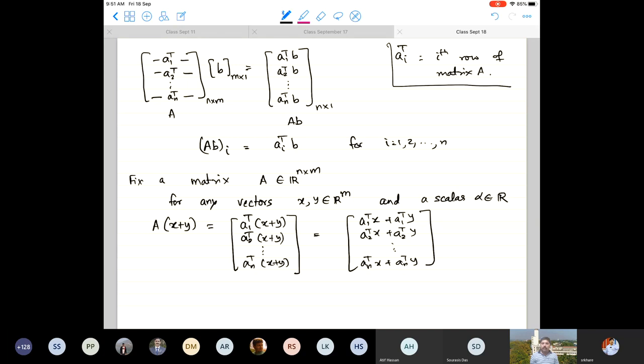Because the dot product is linear. Correct. The dot product or inner product is a linear operation. So now this I will write down in this particular way. Why can I write this?